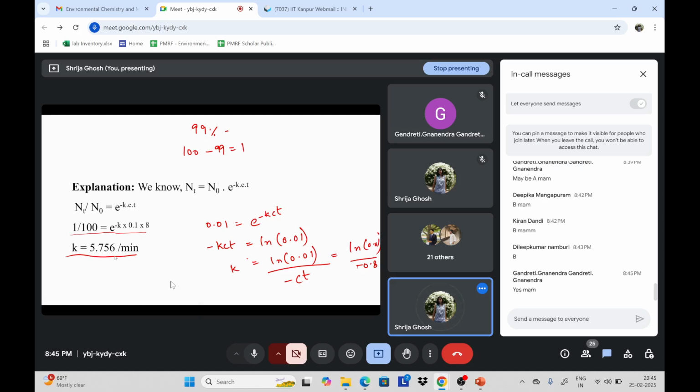Great. Okay, then I think I can move on to the next question. Anybody has any doubt in this question? Anybody has any doubt in calculation? Please ask. Everybody understood how to do the calculation? Everybody understood how to solve this question?